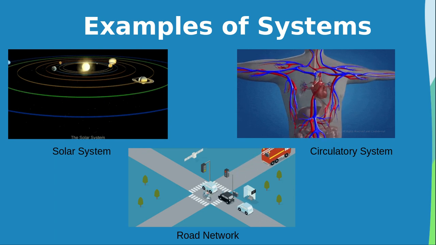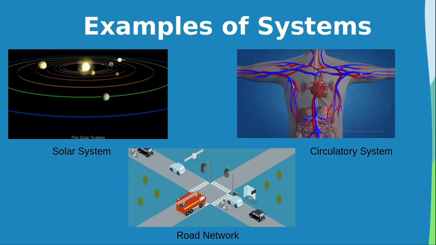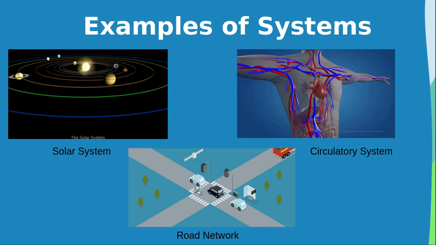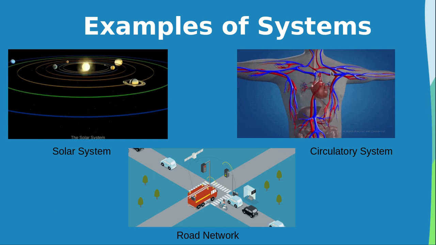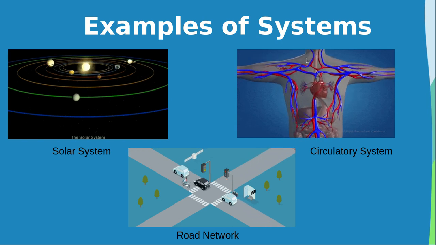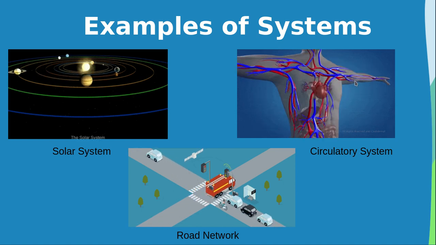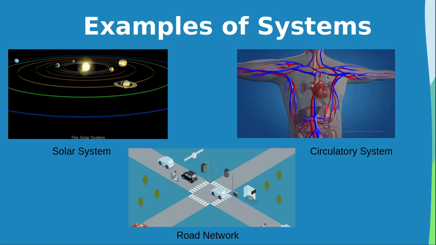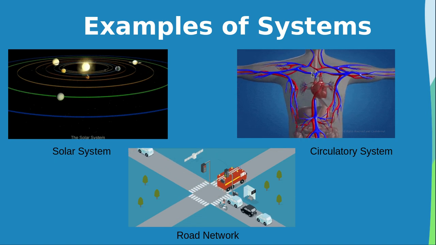On your right hand side on the screen, you can see also there is a depiction there of a human circulatory system. This object at the center here represents the heart. You can even see it is animated as if it is pumping. These blue and red lines represent veins and arteries, and probably it is pumping blood. So again here you can see that this circulatory system comprises of the heart, the veins and arteries, the blood itself, and others.